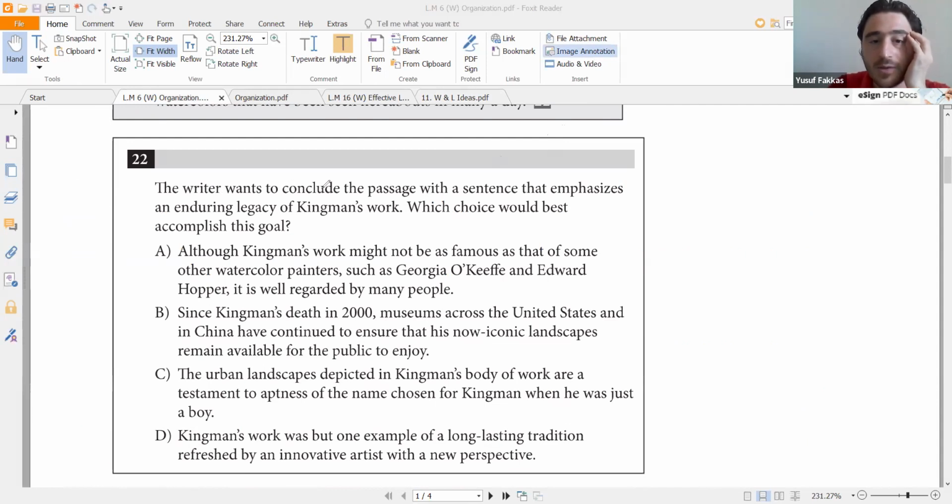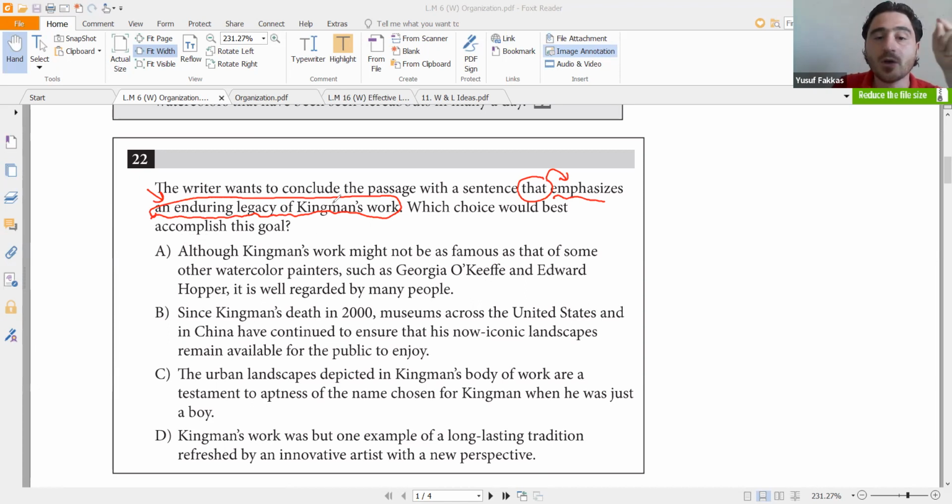The writer wants to conclude the passage with a sentence that, here is your focus. What is that sentence doing? We need a sentence that emphasizes, so it highlights, it shows the importance of an enduring legacy of Kingman's work. Okay, I highlighted this part because this is the part that's telling me what I need to do.